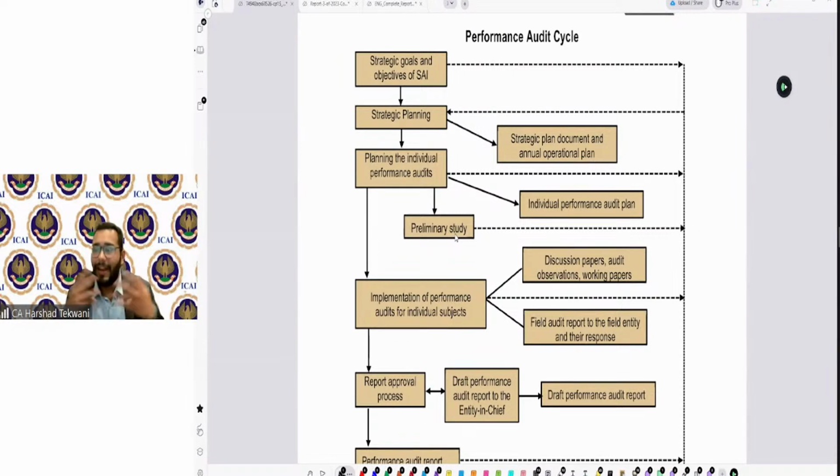For example, I will understand the particular program, do the preliminary study. I will identify what is the applicable criteria with respect to economy, efficiency, effectiveness. Then the audit will be conducted, analysis will be done of the evidences. Then the draft report will be prepared. That draft report will be discussed with the various stakeholders.